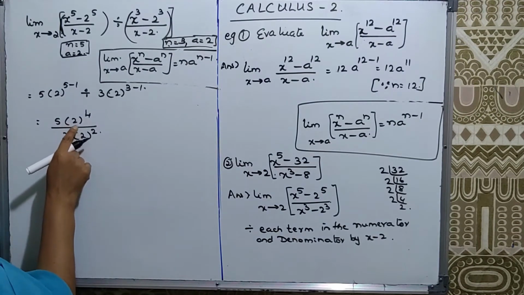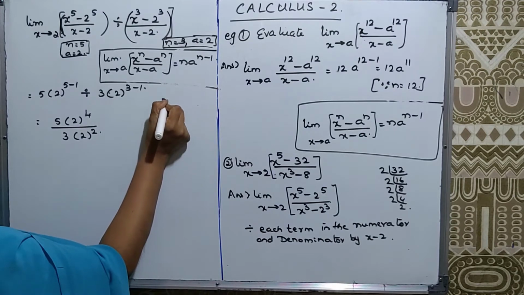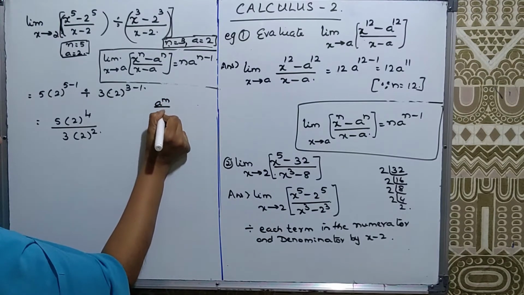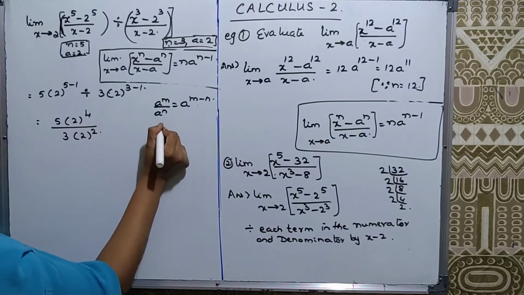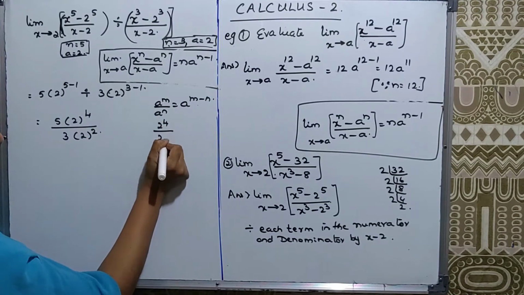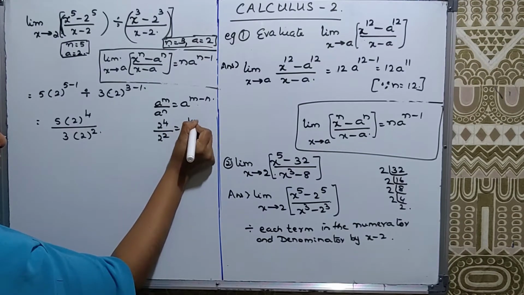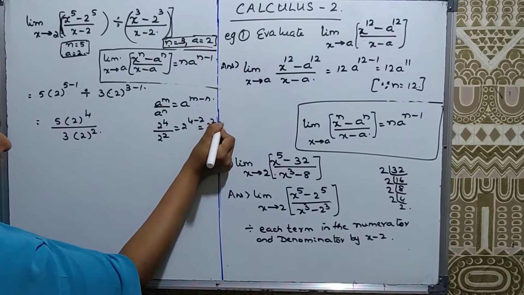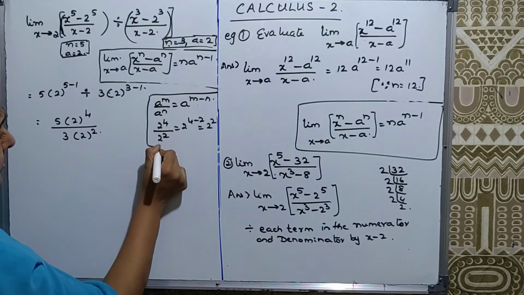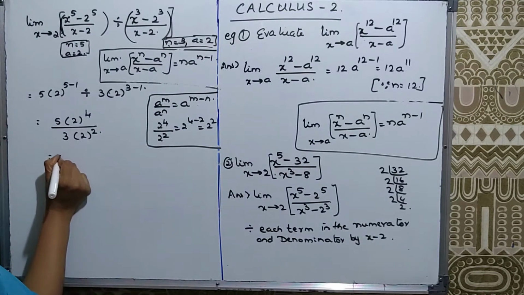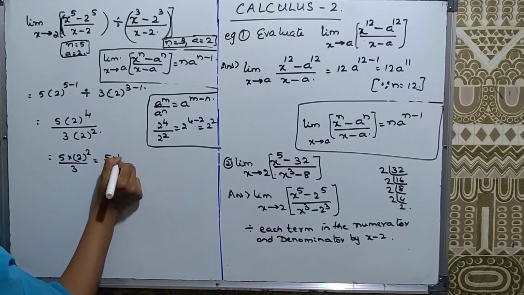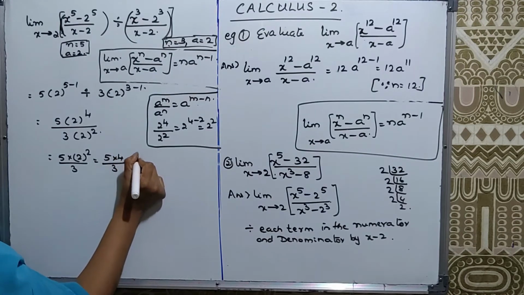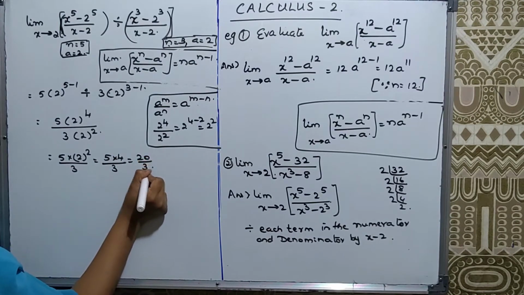So you can cancel the 2s. A raised to m divided by a raised to n equal to a raised to m minus n. So 2 raised to 4 divided by 2 squared can be written as 2 raised to 4 minus 2, equal to 2 squared. So it will be equal to 5 into 2 squared divided by 3, equal to 5 into 4 divided by 3, equal to 20 divided by 3.